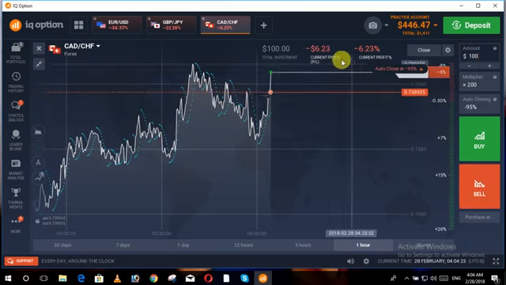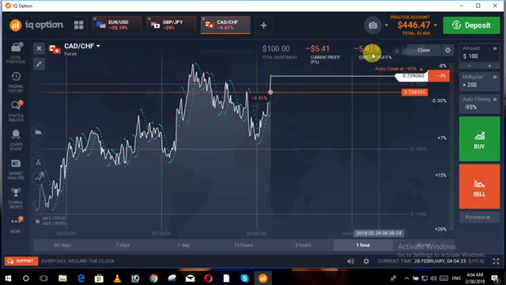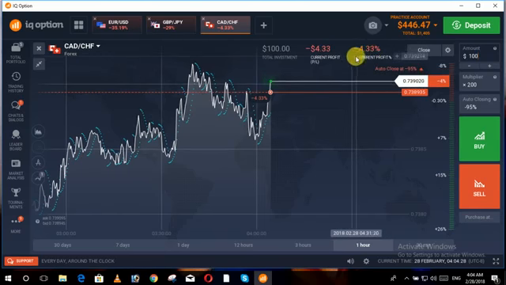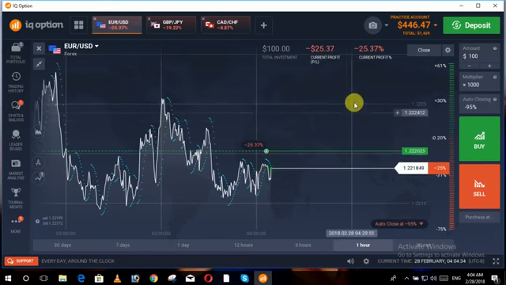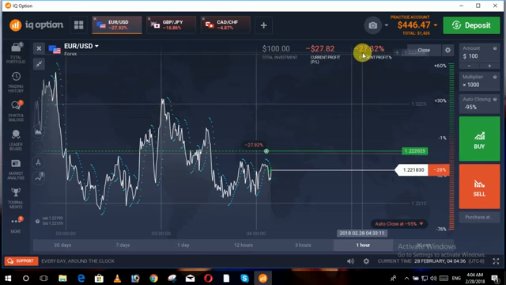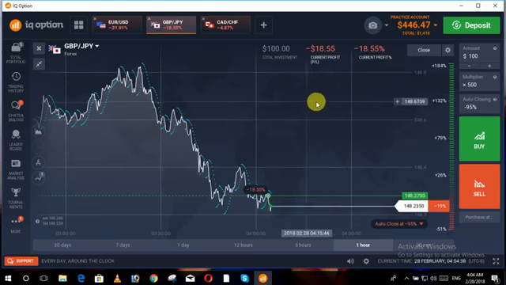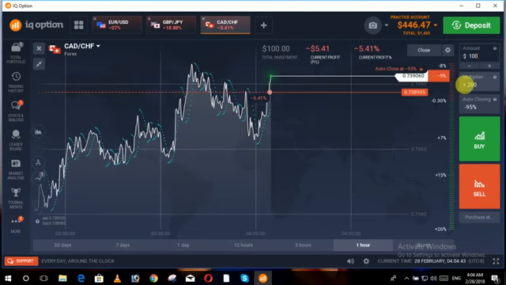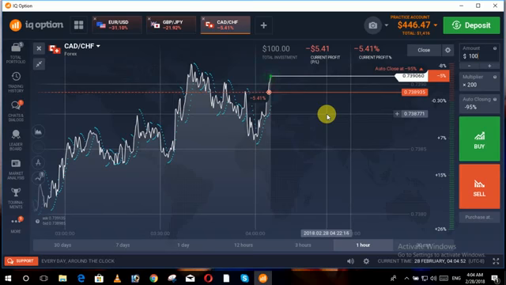Now you can see that our loss starts from 5% or 4%. Where we have set 1000, our loss is 27%. Where we have set 500, our loss is 18%, and where we have set the multiplier 200, our loss is 5.41%. And the same thing is repeated in the case of profit.